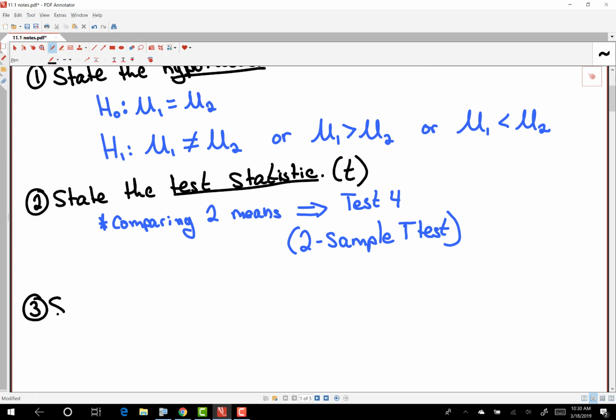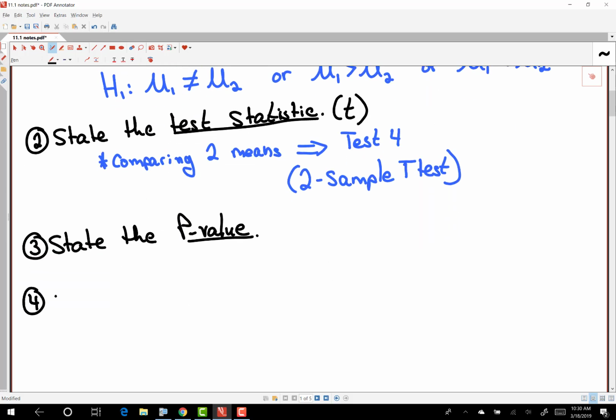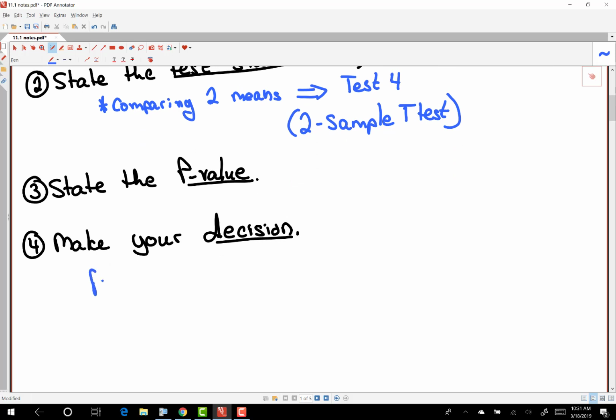You state the p-value, you get that from the test. And then you can make a decision. And the decision is made the same way that it always is. If your p-value is less than or equal to your significance level, alpha, then you reject H0.